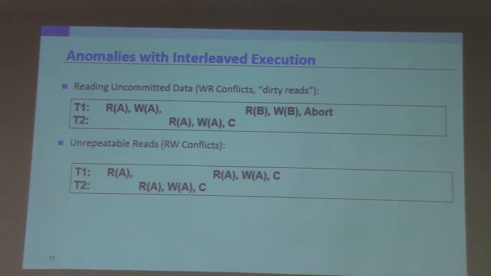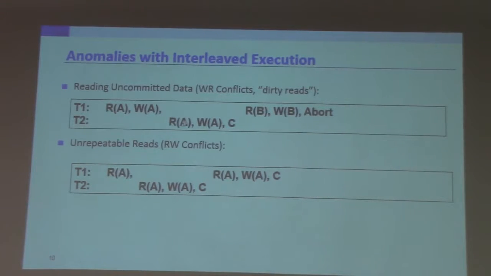Yeah, so WR conflicts. What this says is that one transaction in your schedule attempts to read uncommitted data written by another transaction. So for example, in this particular schedule, this is a WR conflict on A.